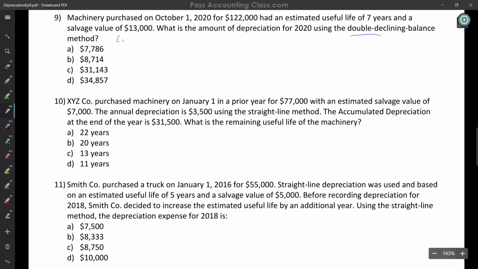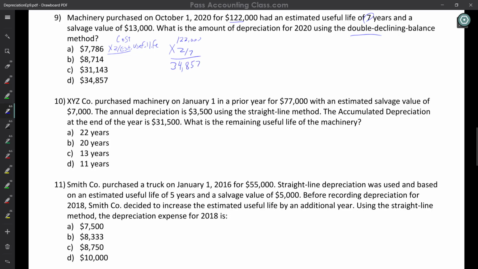So that means it's cost times 2 divided by the estimated useful life. So that means it's 122,000 multiplied by 2 divided by 7 years. And that's going to get me 34,857.